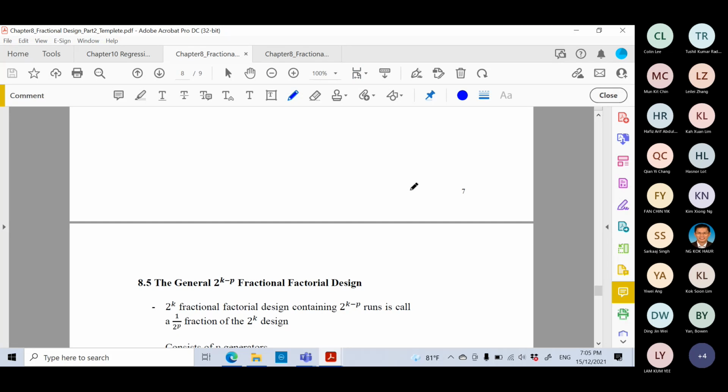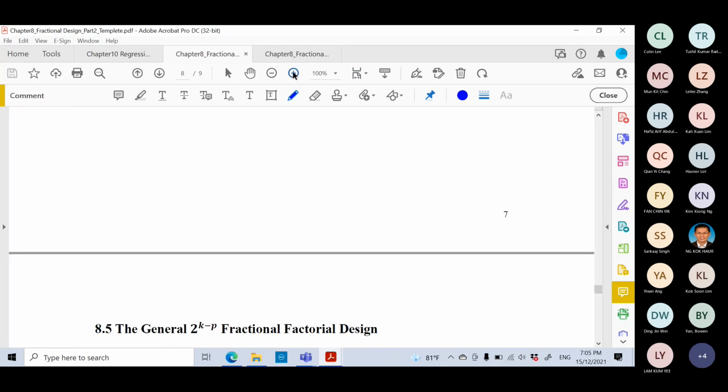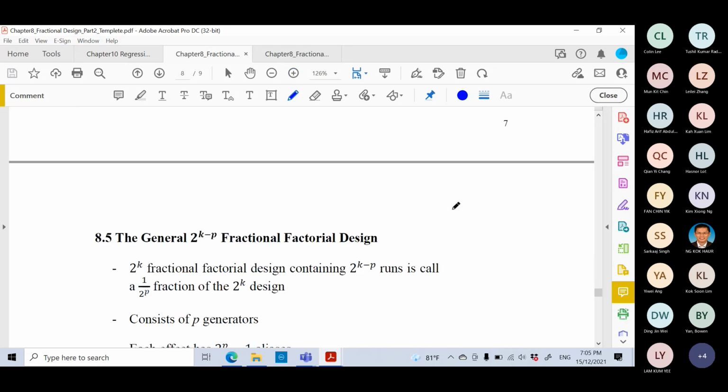So in general, you can run a 2 power of k minus p fractional factorial design. Of course, your number of factors must be large, let's say 6 factors or 7 factors. When you have many factors, then we can run only a portion of the treatment combinations, so that you run 2 power of k minus p.